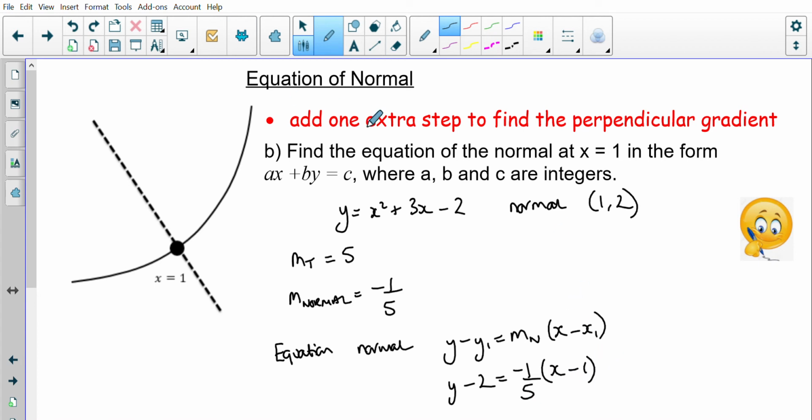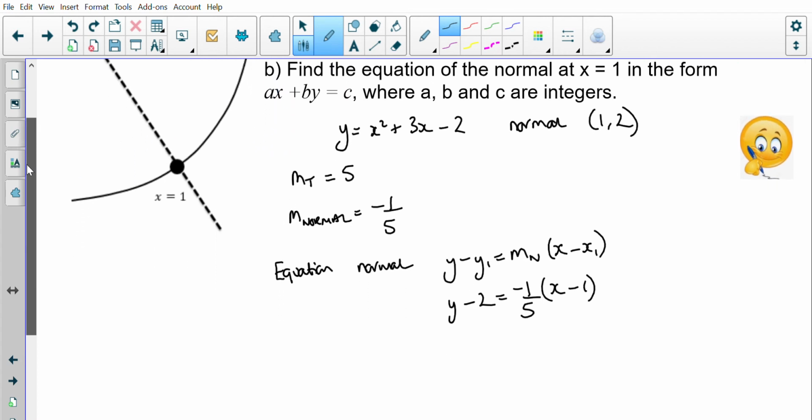Again, we want it in a particular form. This time we can say we want all the x terms and all the y terms on one side of the equal and the constant on the other side. We're going to keep the x term positive again because it's at the beginning of the expression on the left hand side. So the first thing I'm going to do here is get rid of the fraction by multiplying both sides by 5. And I'm going to expand these brackets.